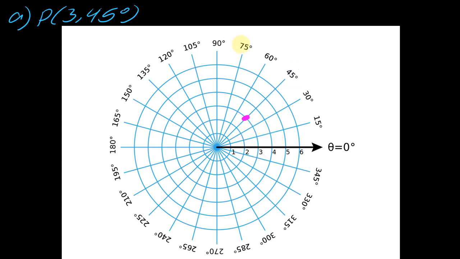This would be the point 3 and 45 degrees, so this is graphing the point. Something we understand about this is that this point lies on this ray, which starts from the center and extends out.